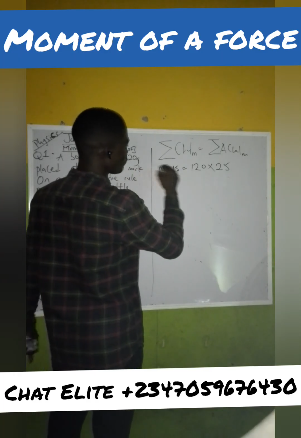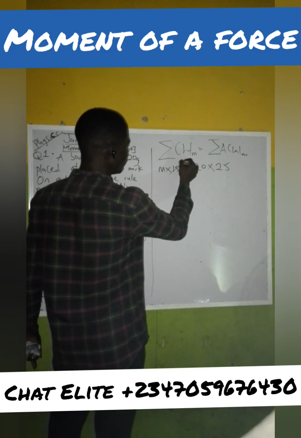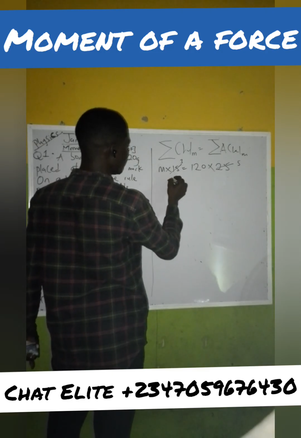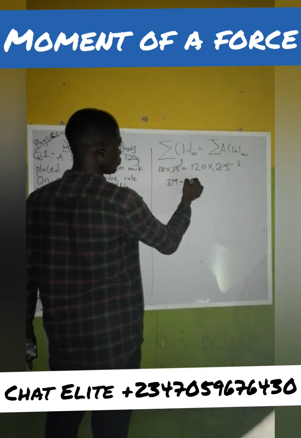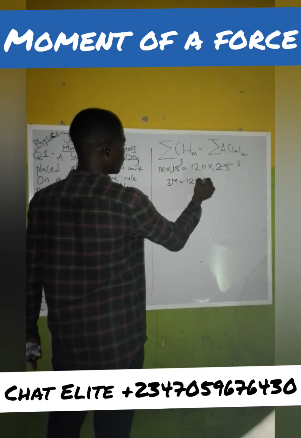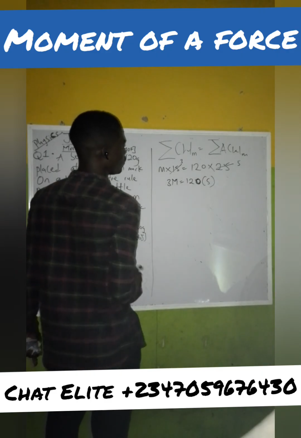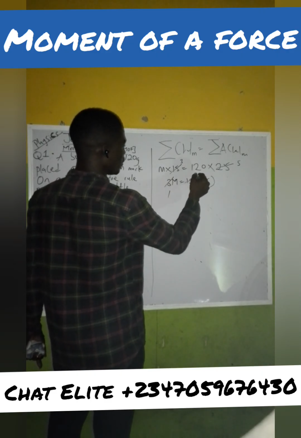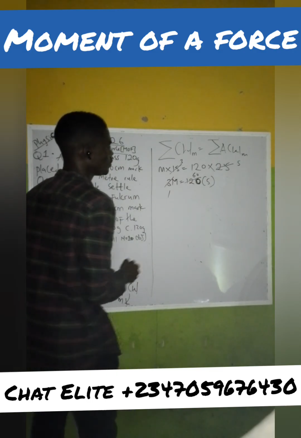Alright, so 5 here 3, 5 here 5. Okay, so we have 3m is equal to 120 into 5.